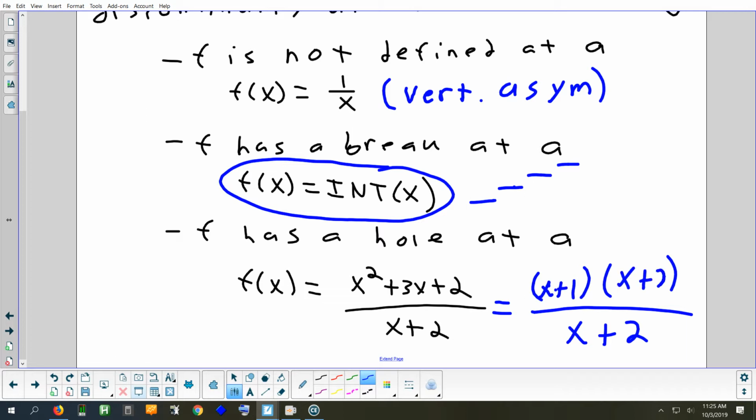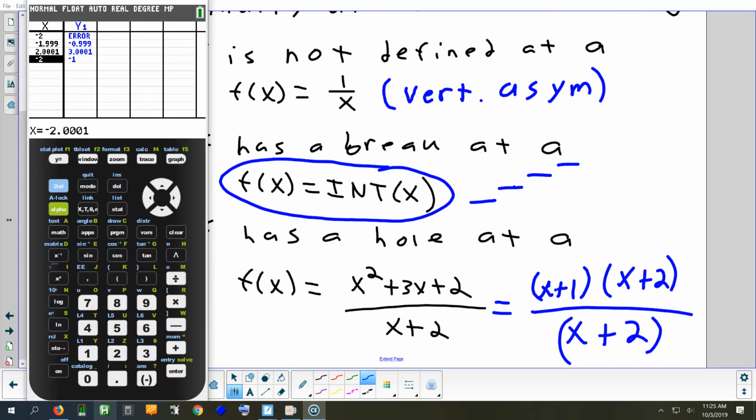And what do you notice about what just happened? Anyone notice anything there? X plus 2. What's that? You can cancel out x plus 2. Yeah, what we have is a common factor in the top and in the bottom. Whenever you have a common factor, that's when you get a hole. That's the only way to tell.